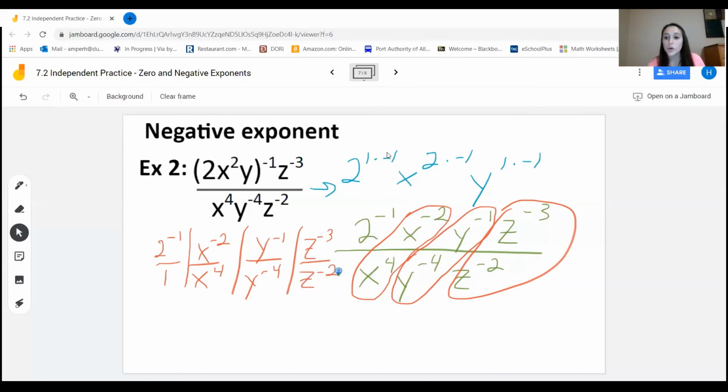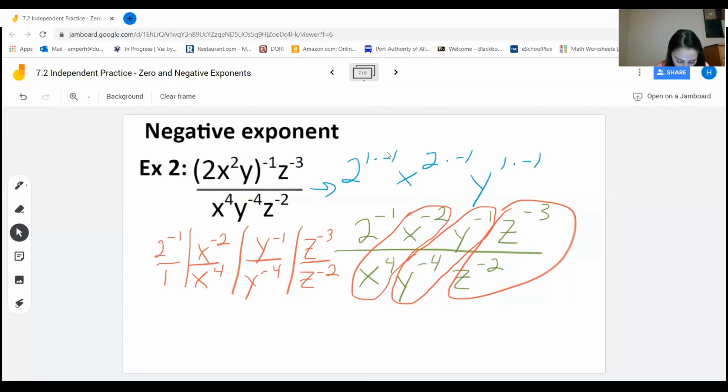Okay, so now that we have these 4 separate division problems, we can look at subtracting their exponents. But you have to be careful because some of these have negative exponents in the denominator. That means that you're actually subtracting a negative exponent. So be careful, use parentheses whenever you're subtracting negatives, because when you're subtracting a negative, that's going to become positive.